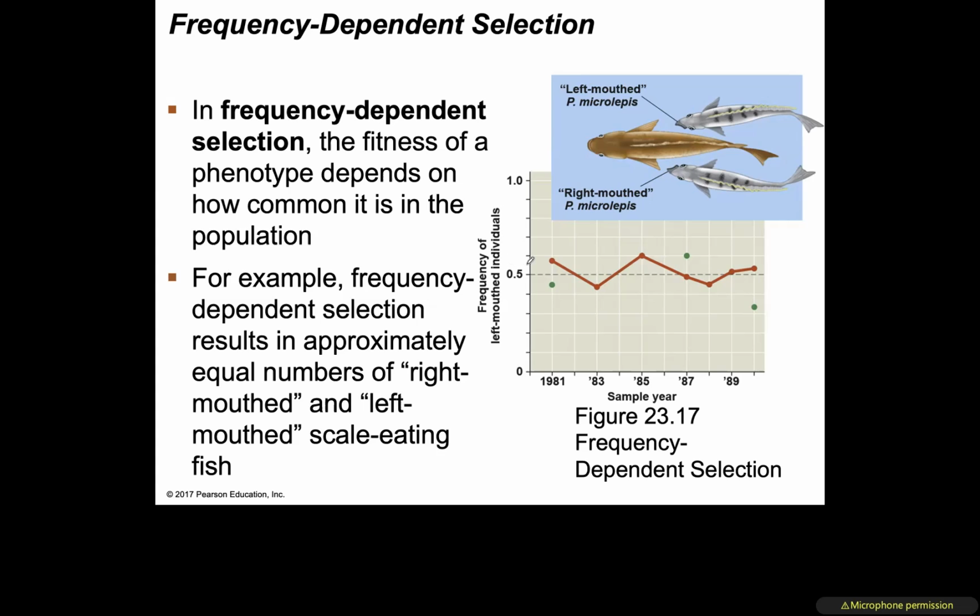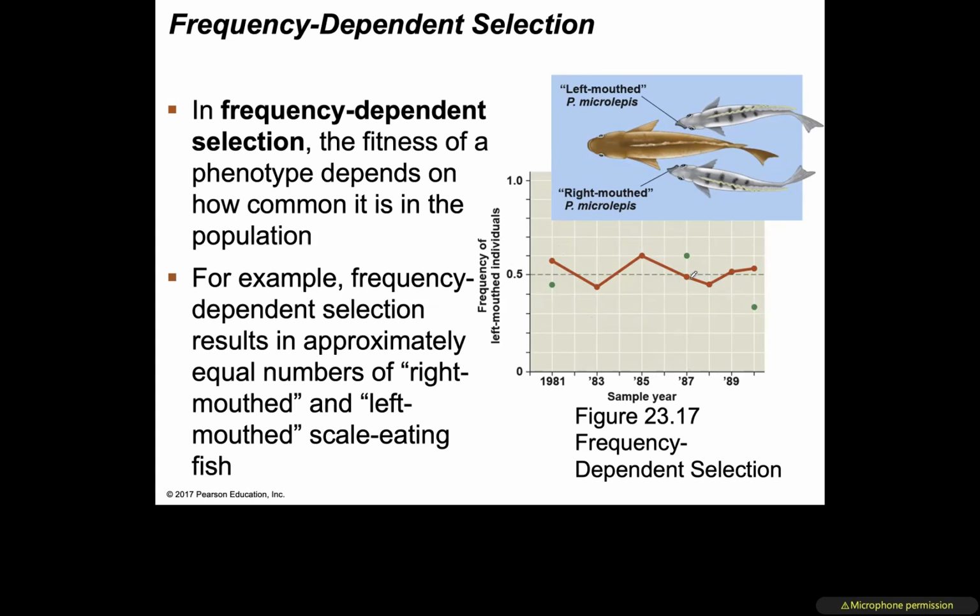When you look here, 1981, 83, 85, 1987, 1988, they did a survey. You had a lot more that were to the left, and then to the right. In this year, a lot more to the left, a lot more to the right. In the middle, 50-50, a lot more to the left.